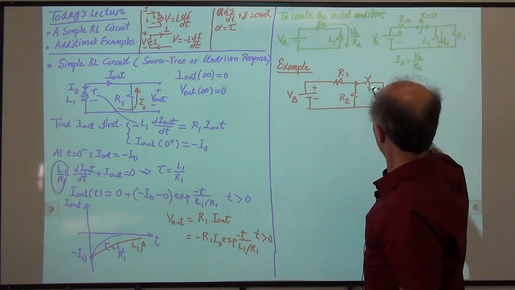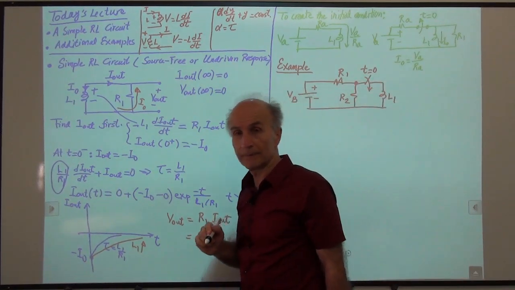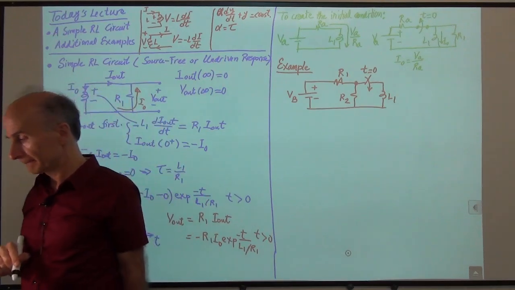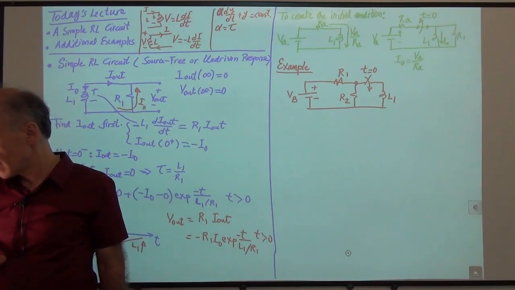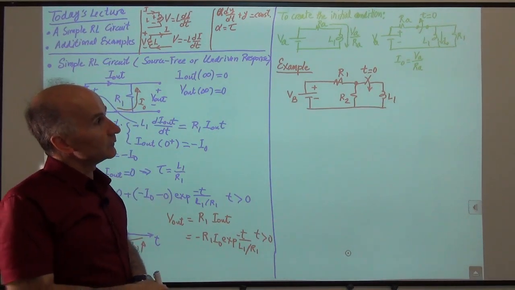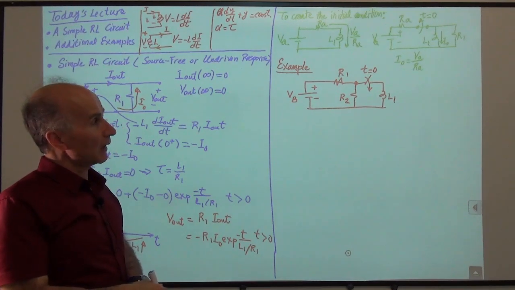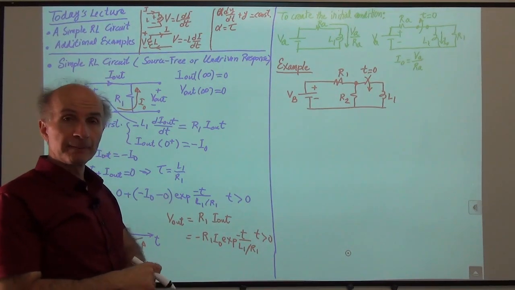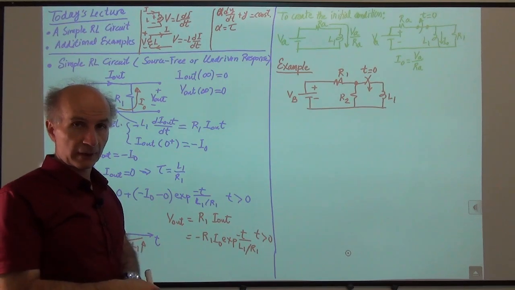And this switch turns on at time 0. It closes at time 0. All right? And we want to study the behavior of the circuit. So take a moment to see what's going on and how we go about analyzing the circuit.